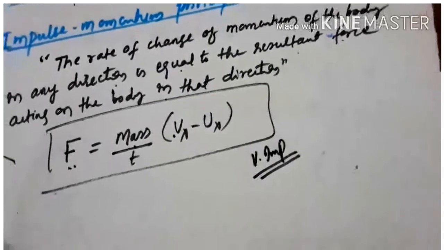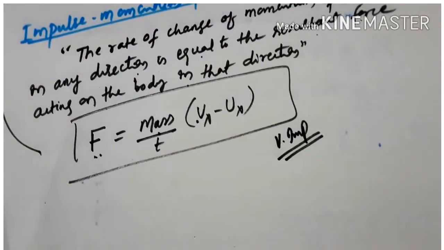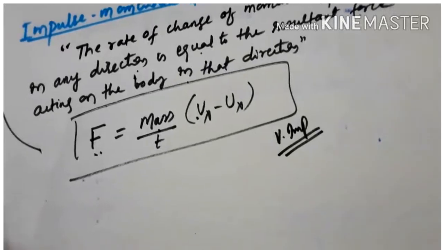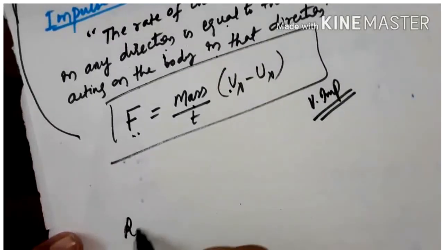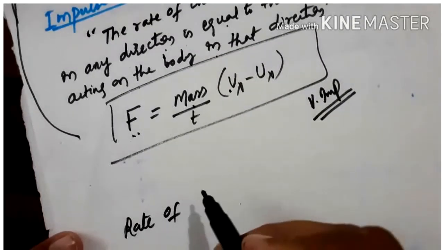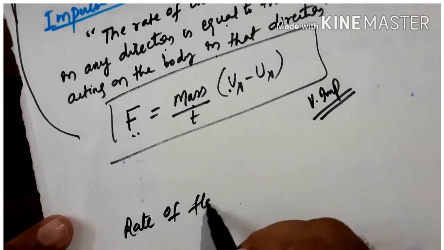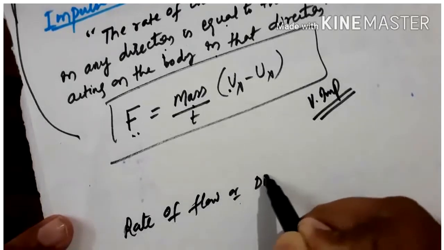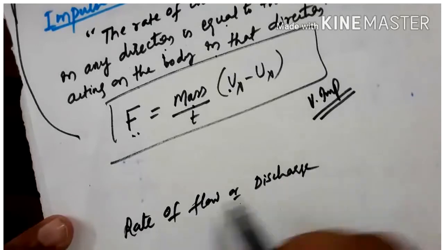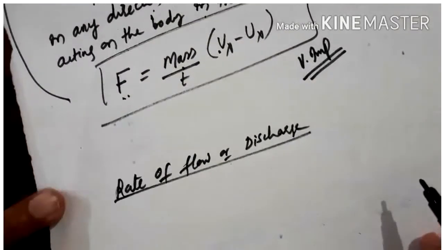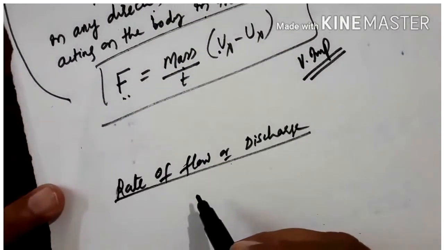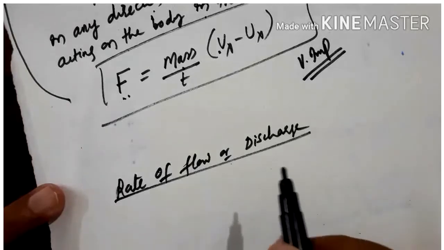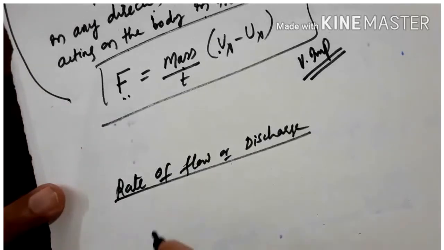Okay, so further you should know some of the definitions, that is, the rate of flow or discharge. The quantity of fluid flowing across a section in unit time is called the rate of flow.